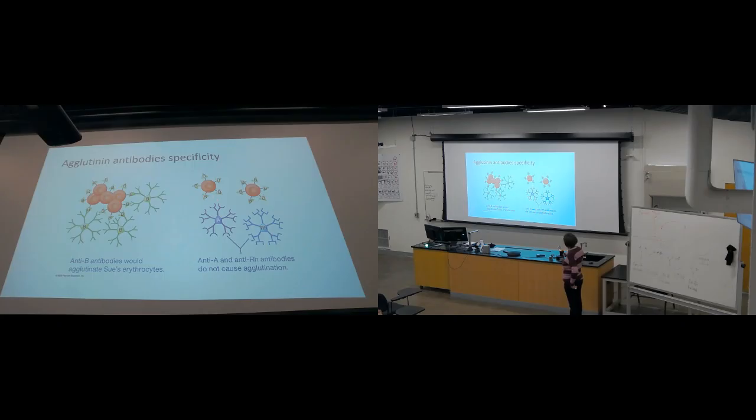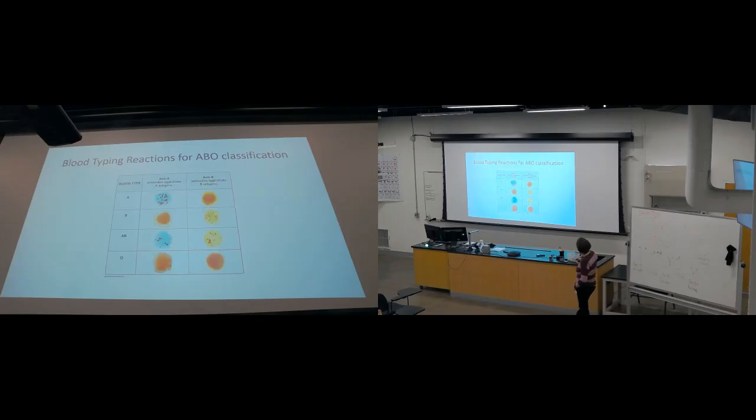So if you put B blood type with B antibodies, you have agglutination. But if you put B blood type and then you have anti-A or anti-Rh, you don't have any clumping. So that's what we saw before in this table, a specificity.